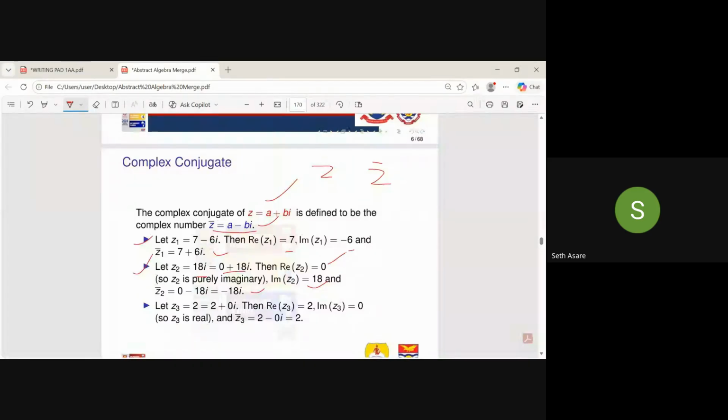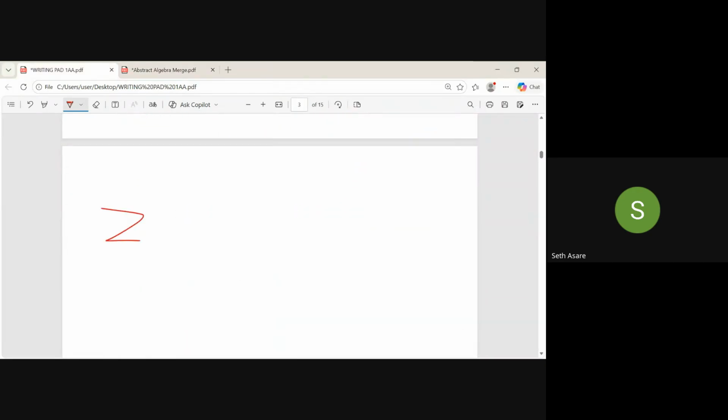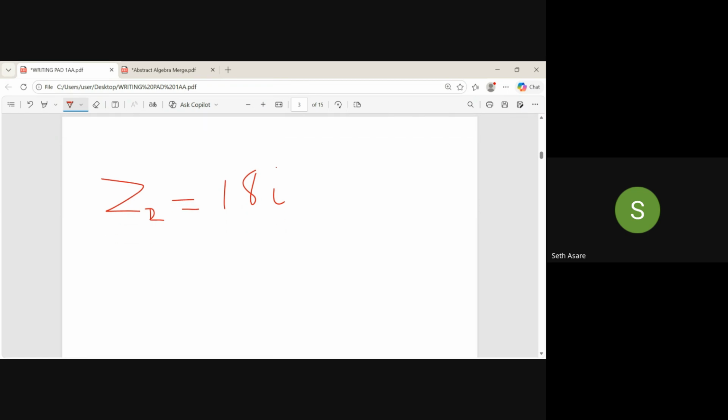Are we clear here? Again, we have a complex number of this nature. We can write it fully as 0 plus 18i.